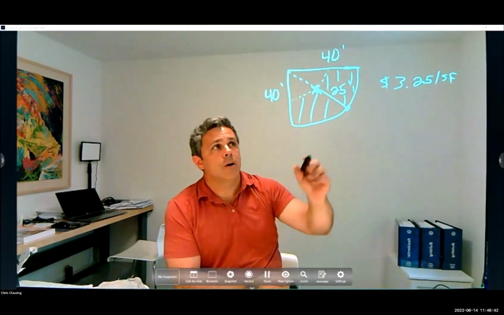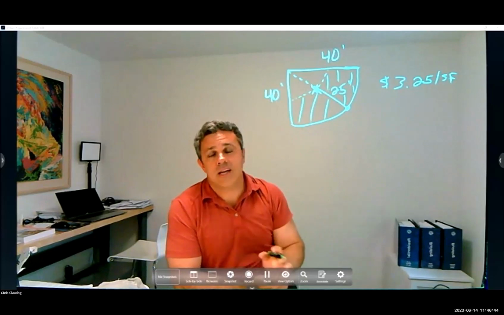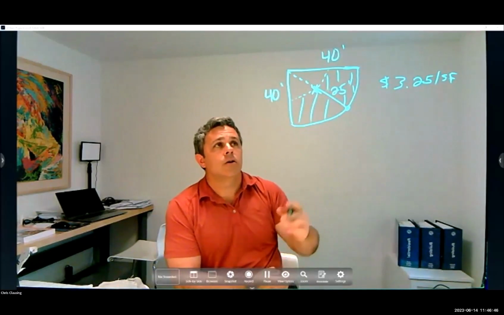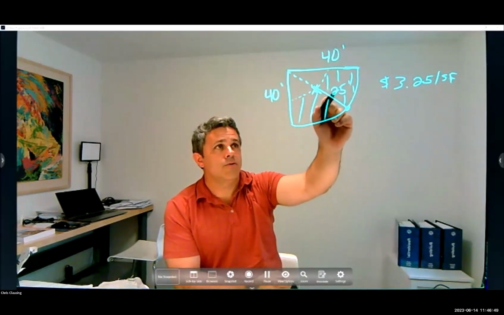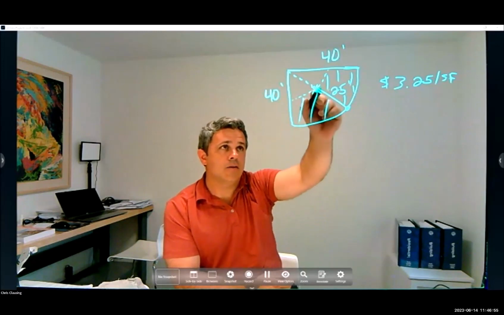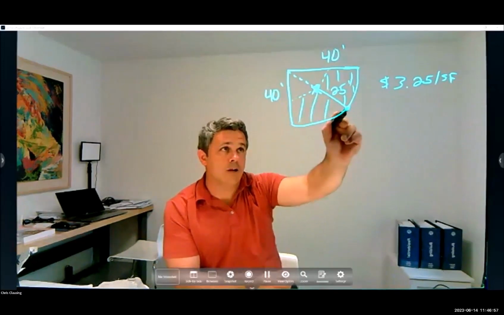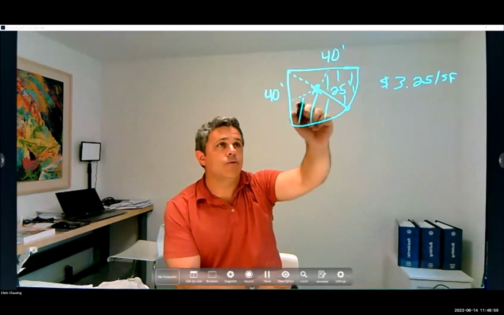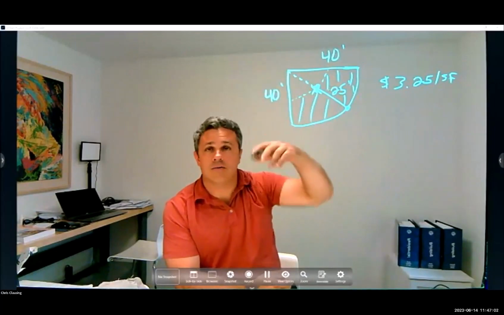In this example, the mistake a lot of students were making was taking 25 as the radius, calculating the area using the calculator with 25, and then dividing the total area by 4.